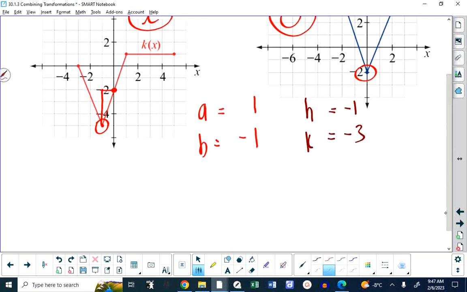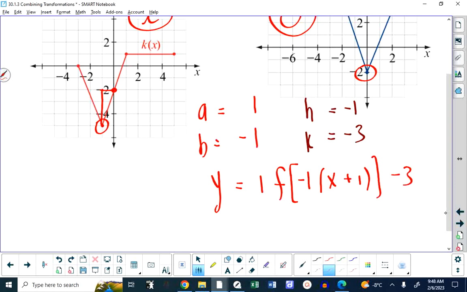And the equation of the function is y equals A, and again, you don't need to write the 1, f of bracket B x minus -1, which would give you x plus 1, minus 3. Any questions with B?